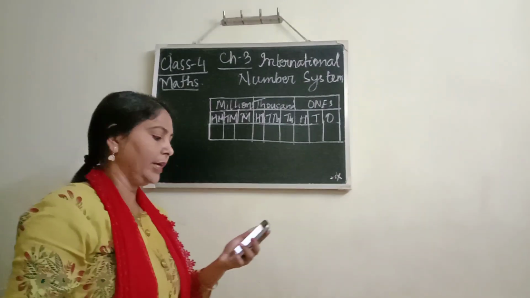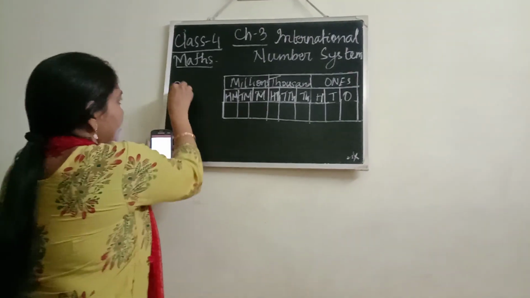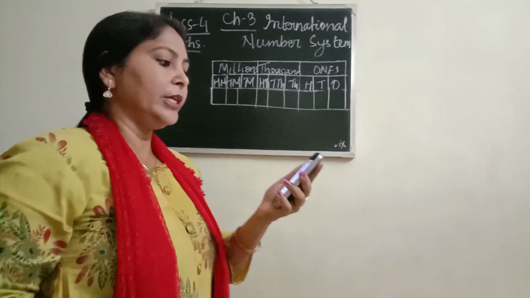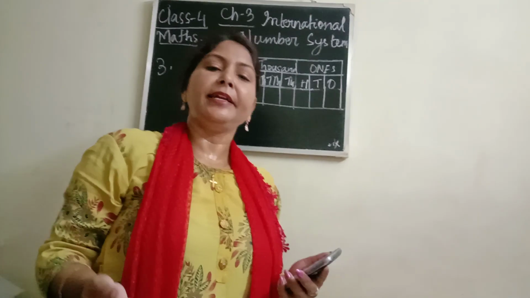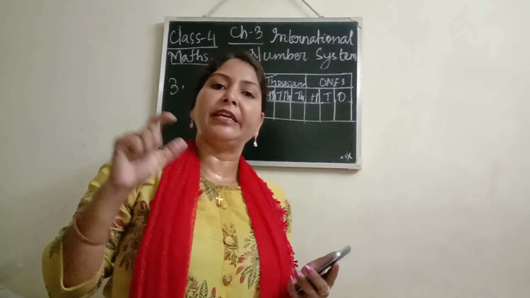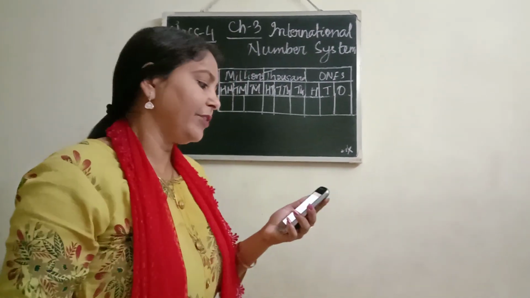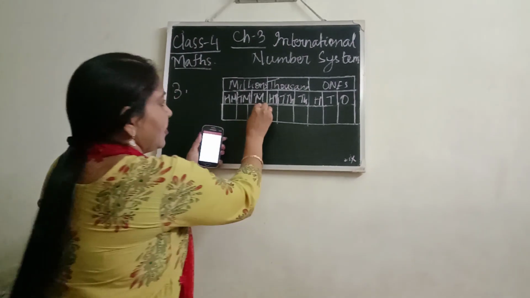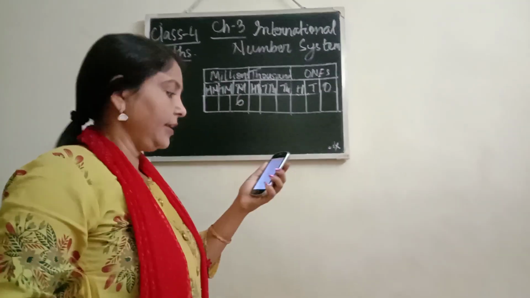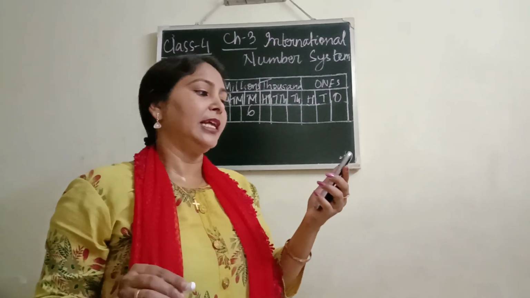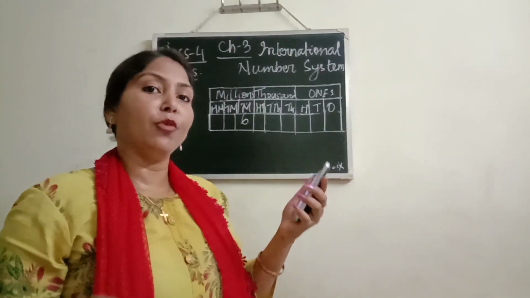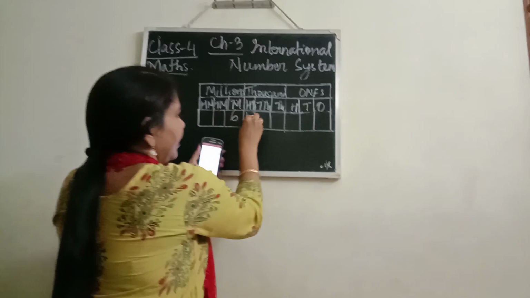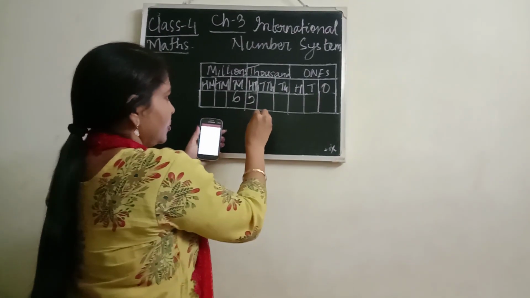Okay, so in question number 3, now we are doing question number 3. In question number 3, you have to write the numbers for the given number name. Now the first question is 6 million. 6 million we will write here, in the millions place. Then 554,000. 5 is in the hundreds place, 100,000s place.